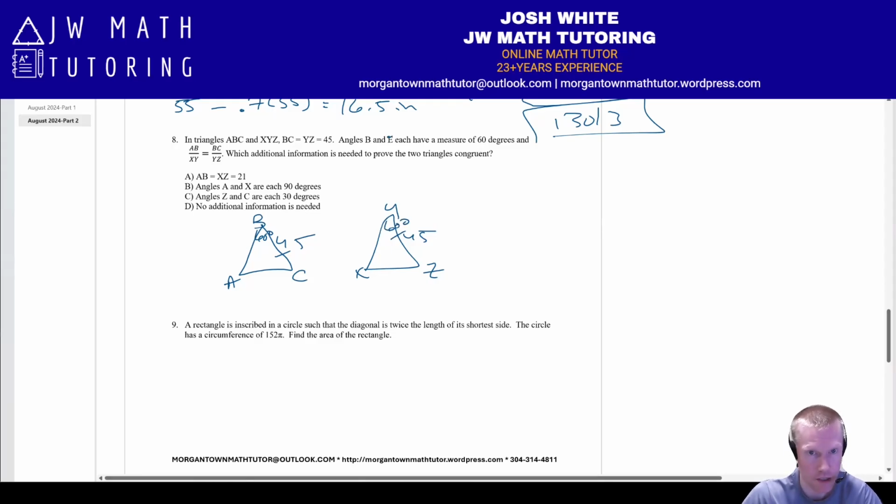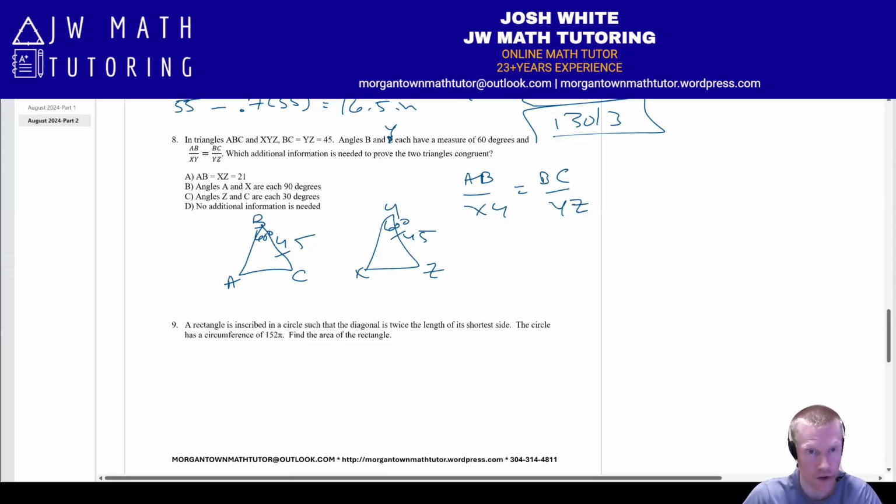I'll have to fix that in the file. It should be Y that is 60 degrees, corresponding angles. And we're also told AB to XY, whatever the ratio of that is, AB to XY equals BC to YZ.